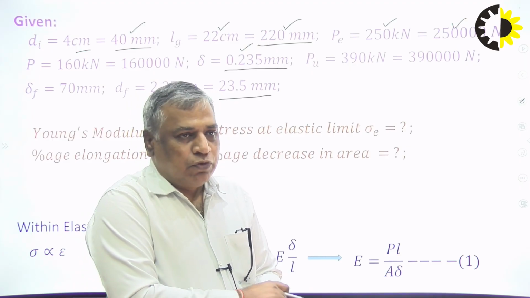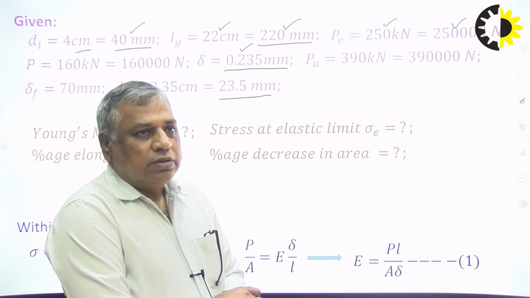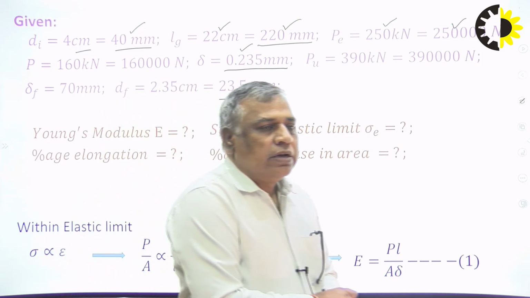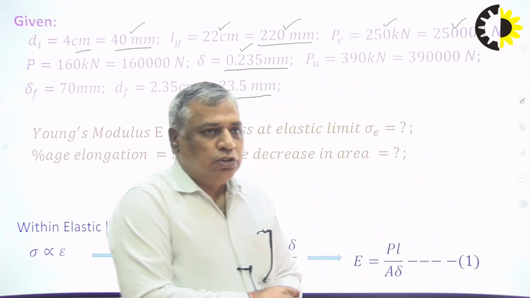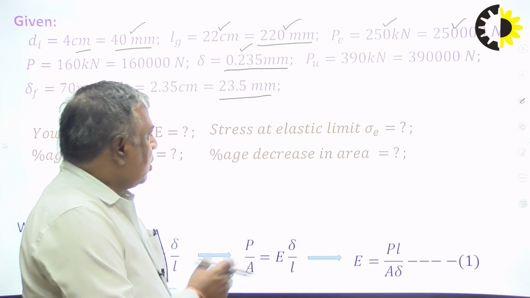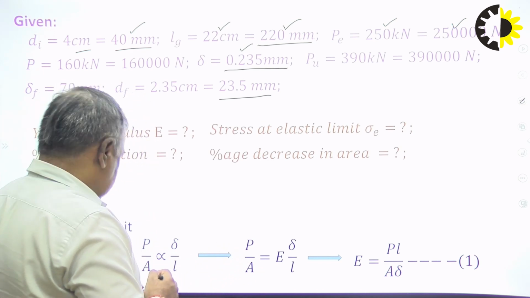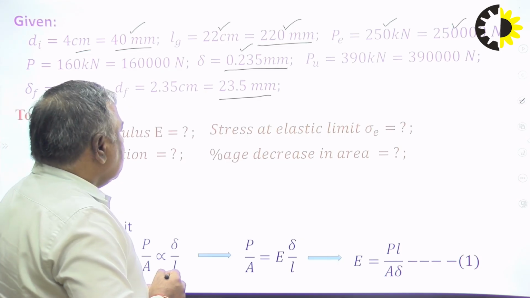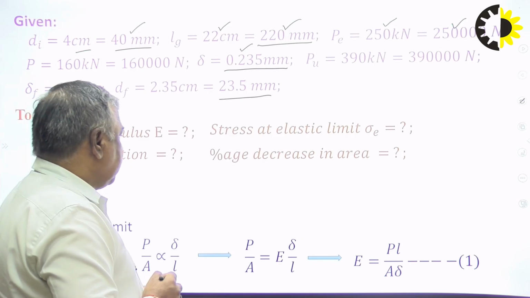So it will be helpful. So I just converted the diameters and the length into millimeters and loads into Newtons here, so that I will get the answer in Newton per mm square.